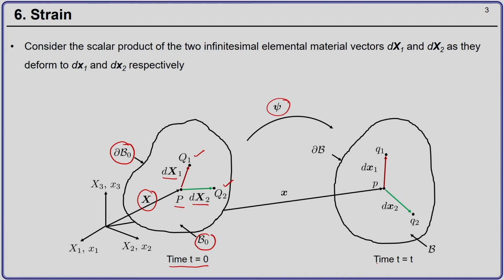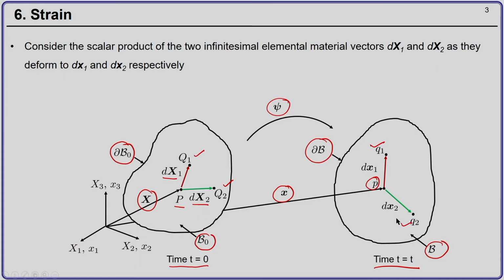The body at time t, that is, in the current configuration, occupies this position where the volume is B and the surface is del B. The current position of point P is small p, with the current position vector small x, and the current relative position vectors of points q1 and q2 with respect to point P are given by small dx1 and dx2.